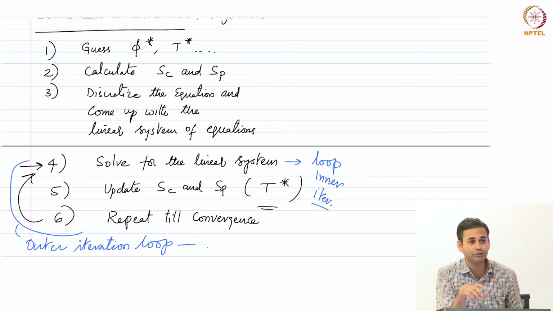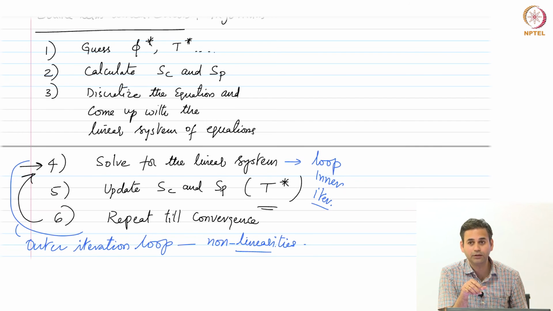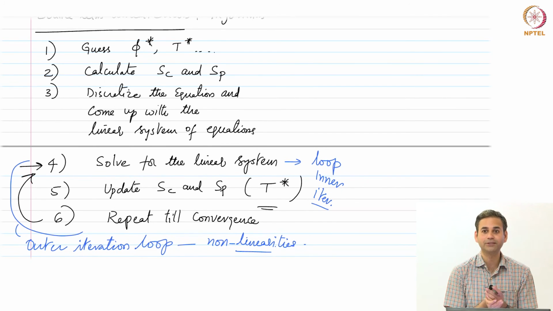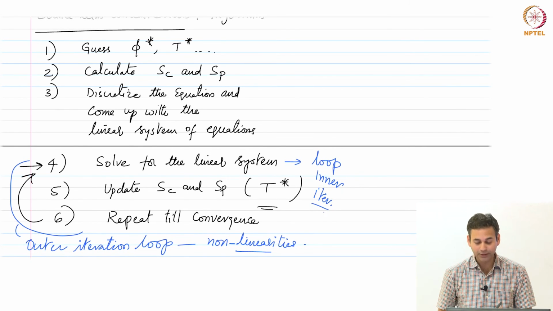This is coming because of the non-linearities, which you cannot avoid as long as you have non-linearities. Now we had one question in the previous lectures. Let us say I use a direct system to solve Ax equal to b. Where will that go? That only goes into the inner loop.